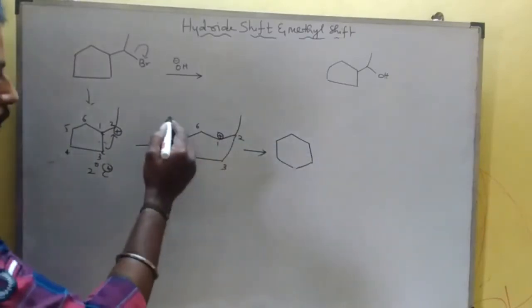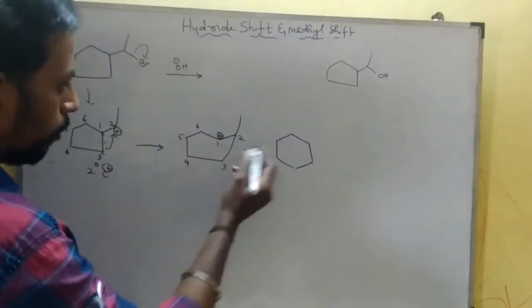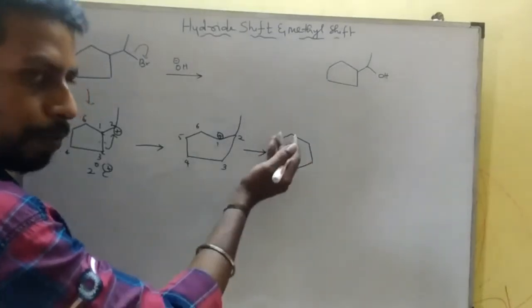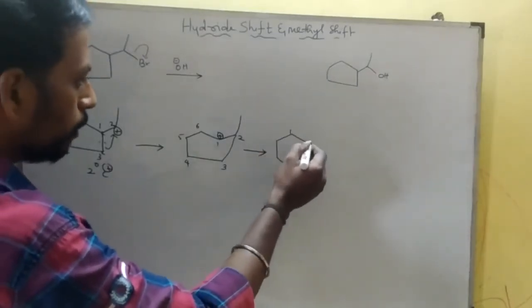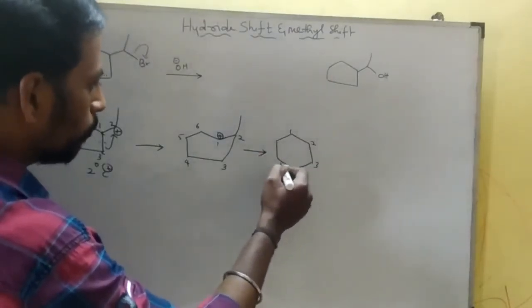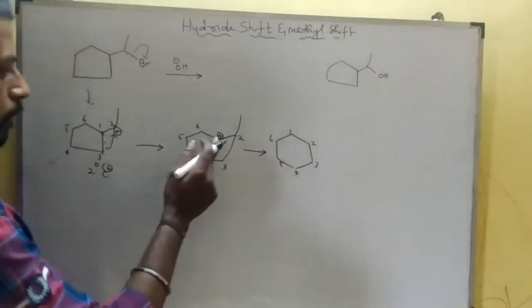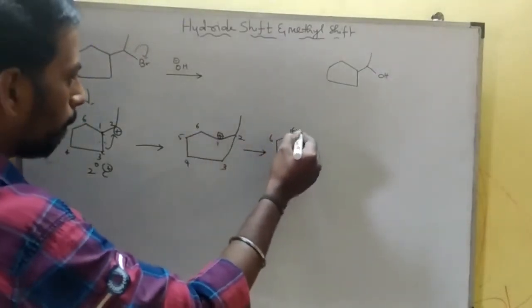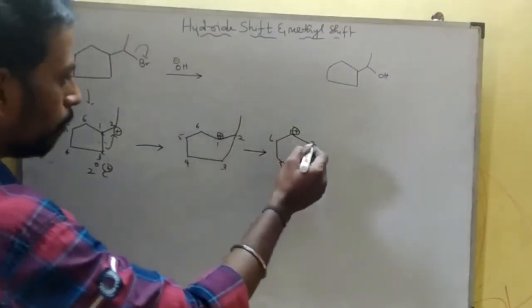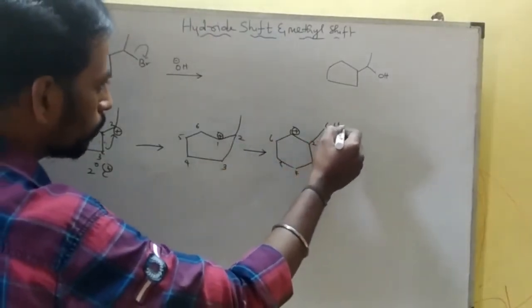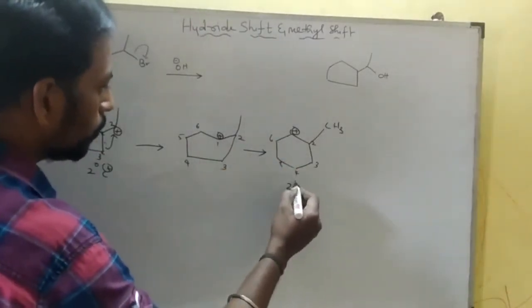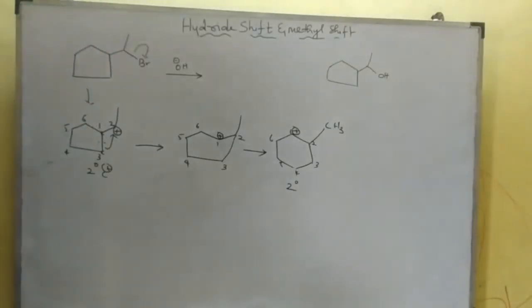This is your intermediate. Let any carbon be 1: 1, 2, 3, 4, 5, 6. In the first carbon you have the carbocation, in the second position we have 1 methyl group. So this is your secondary carbocation. Now the compound is stabilized using ring expansion.